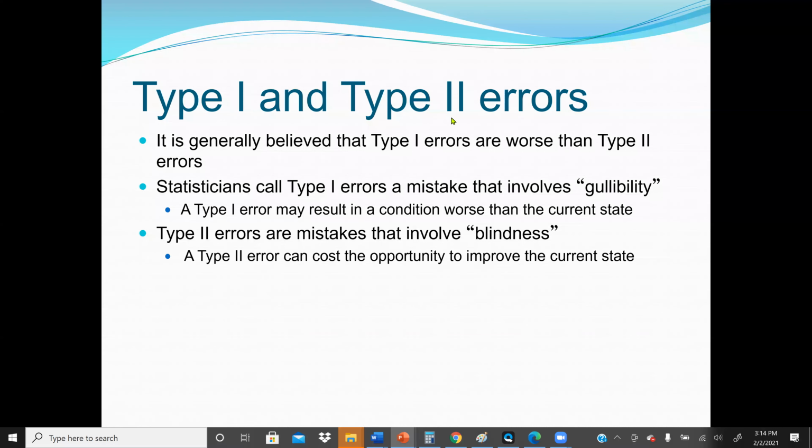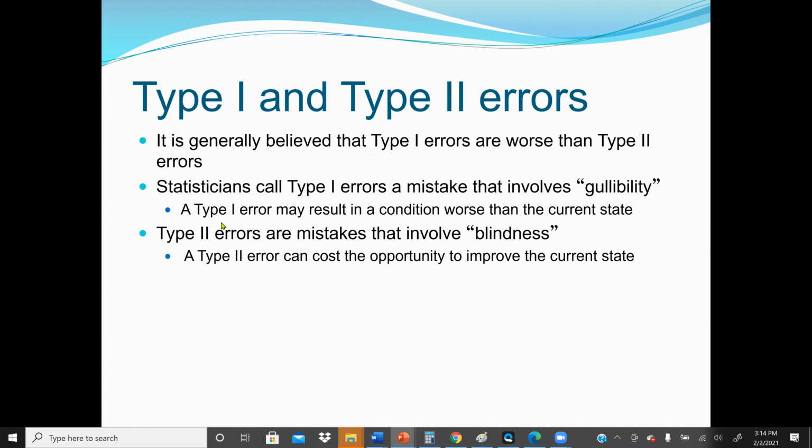So again, for type 1 and type 2 error, it is generally believed that type 1 errors are worse than type 2 errors. Why is type 1 error worse? Because I'm rejecting something that is true. That can be more harmful than accepting something that is false.